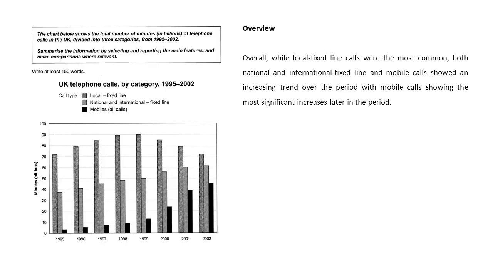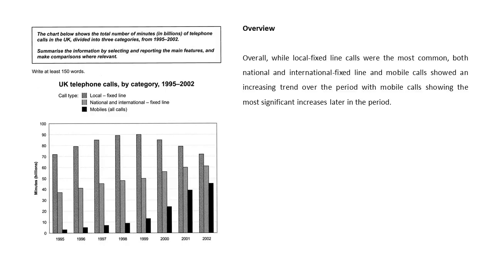Mobile call minutes in particular began to increase significantly around the year 2000. Remember, I already gave the opening figure. I already said they both went up. Now I'm focusing on mobile from the year 2000. While at the same time, national and international call minutes continued to slowly but steadily increase. So everything's going up, particularly mobile.